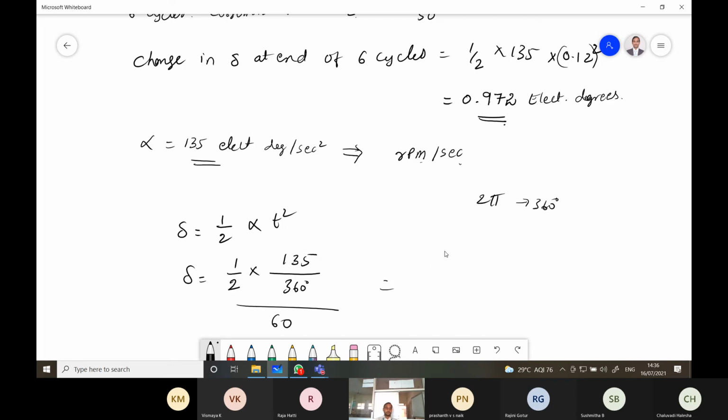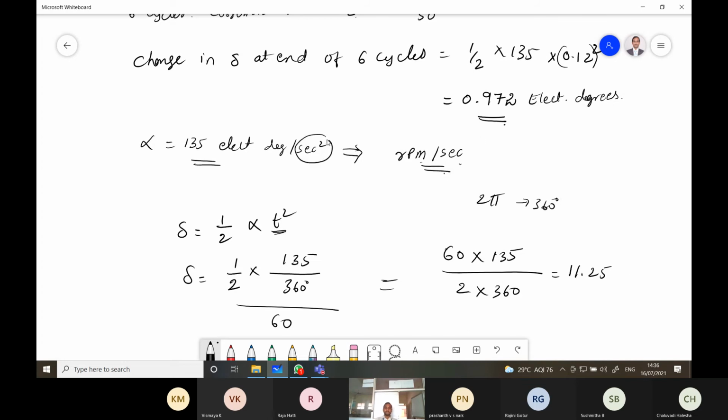So 60 comes to the numerator: 60 into 135 divided by 2 into 360. How much did you get? 11.25. Here t square does not come, so it is half into alpha itself, because we are converting into RPM per second.